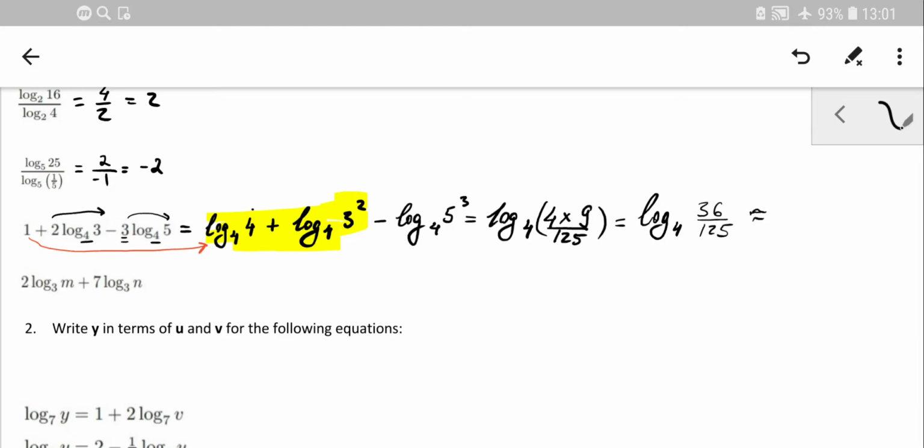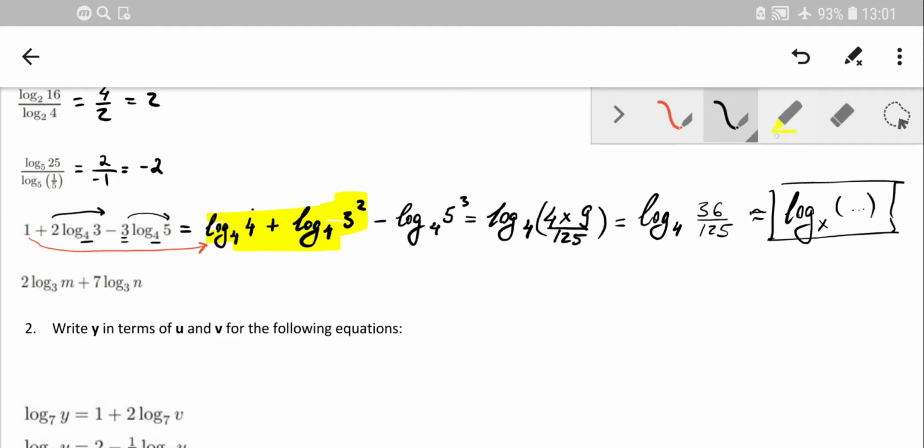But just using a calculator, you need to press the button on your scientific calculator: log x with the number. That's what you need to calculate. So that's by calculator.